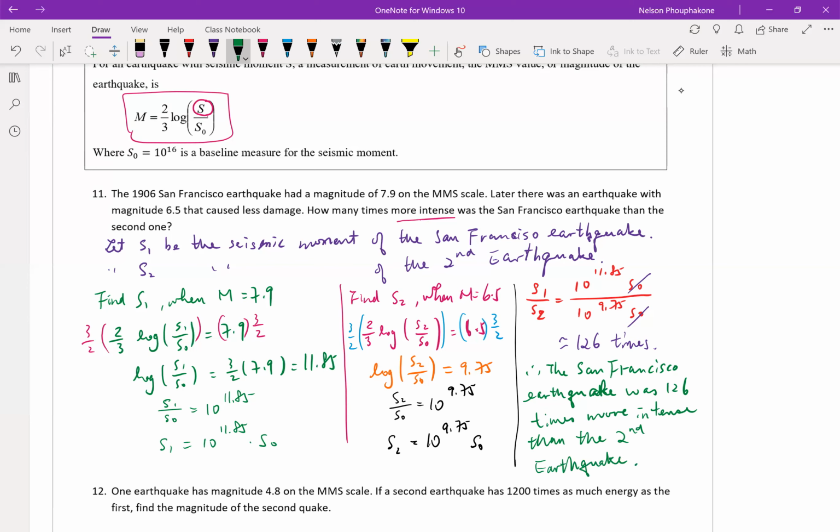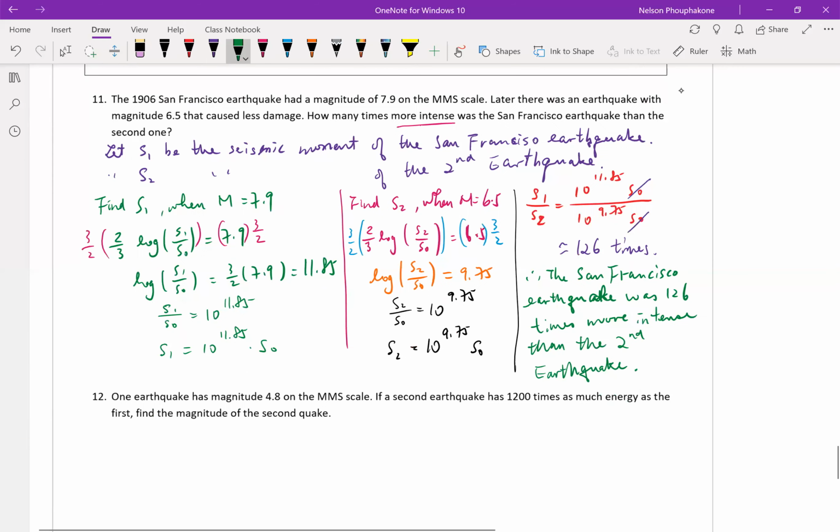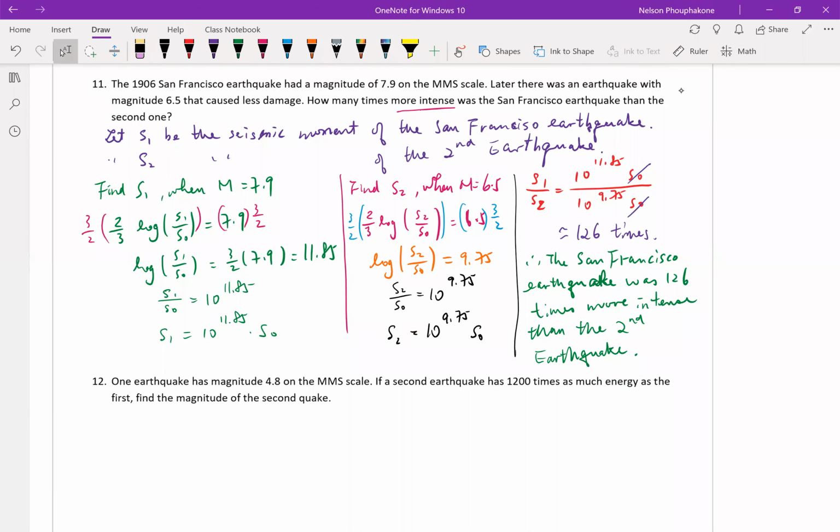Okay, now, of course, number 12 is slightly different, okay? But again, think about this, how do you actually work on number 12? Okay, so for number 12, I have one earthquake that has a magnitude of 4.8 on the MMS scale.